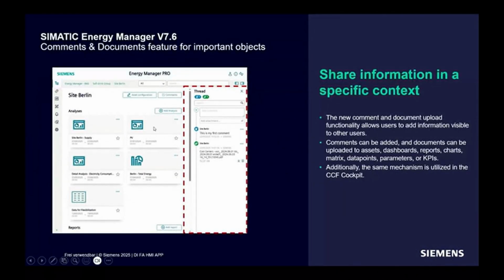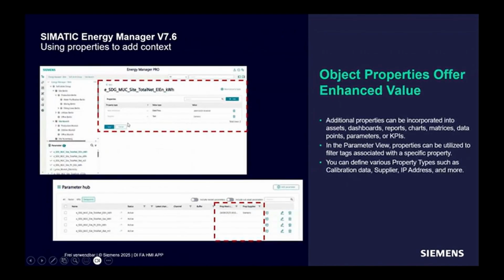Comments and documents. Now I would like to give you a few more pieces of information about the other main topics which are new in version 7.6. As I have already shown you, you can add comments or upload documents to assets and dashboards, and also connect them directly to data points, to measurements like an energy counter and so on. And in the corporate carbon footprint functionality, you can connect such a comment, or also documents like PDFs, to each scope.